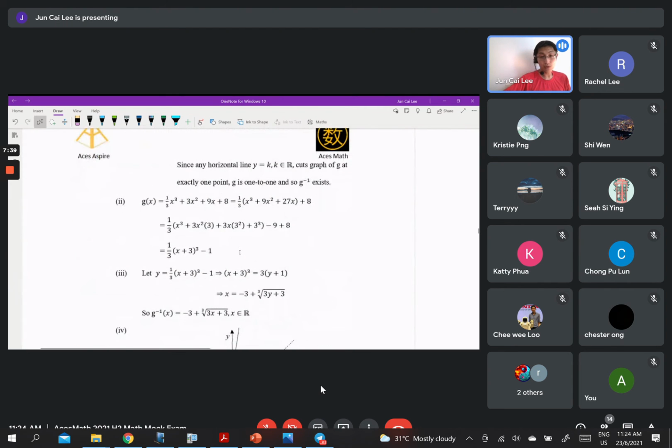Okay, so for part 2, you need to show that you can express g(x) in the factorized form, something like completing the square, but of course this is now in the cubic sense.